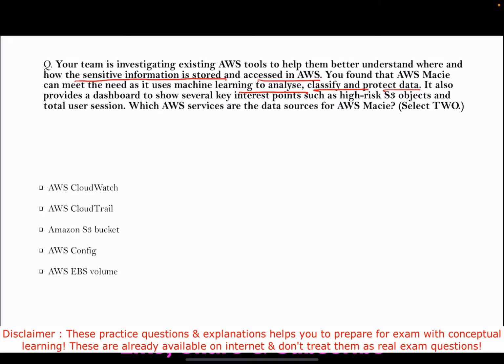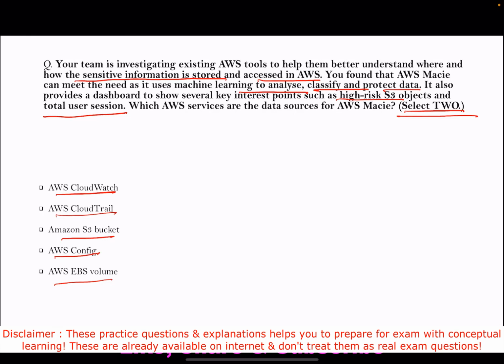It also provides a dashboard to show several key interest points such as high risk S3 objects and total user sessions. Which AWS services are the data sources for Amazon Macie? And we need to choose two options for this one. The options we have are AWS CloudWatch, AWS CloudTrail, AWS S3 bucket, AWS Config, AWS EBS volume.